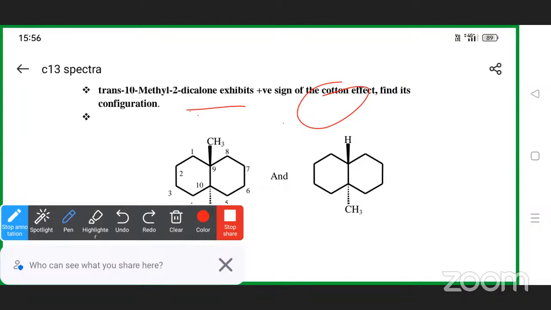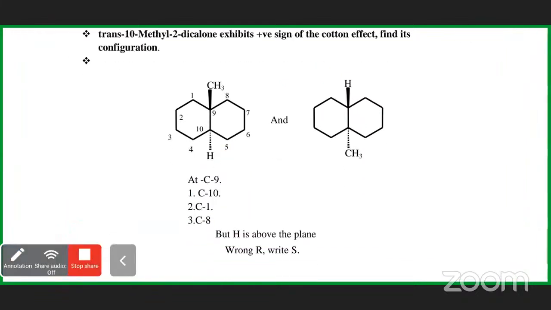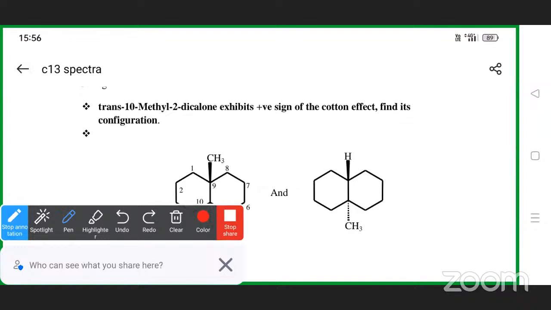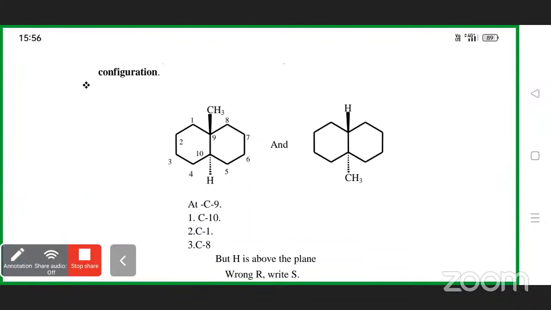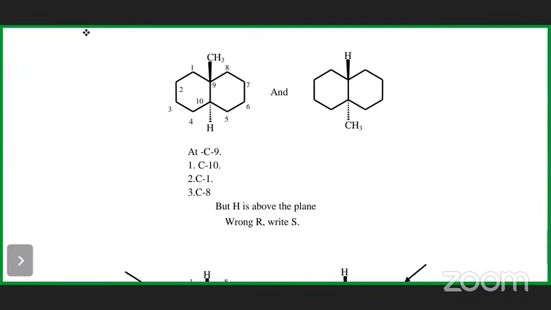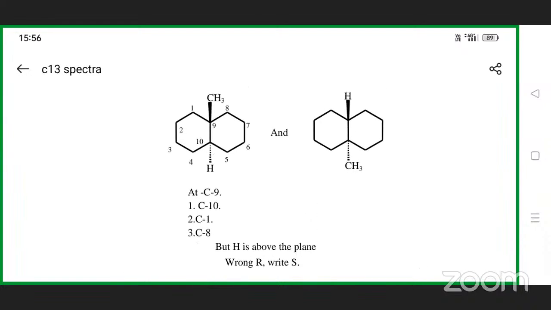You assign based on that Cotton effect, so you can assign the configuration here. So you can apply the octant rule to this particular cyclohexanone derivative. So in the methyl decalone, you see here C9, C10, C1 and C8.